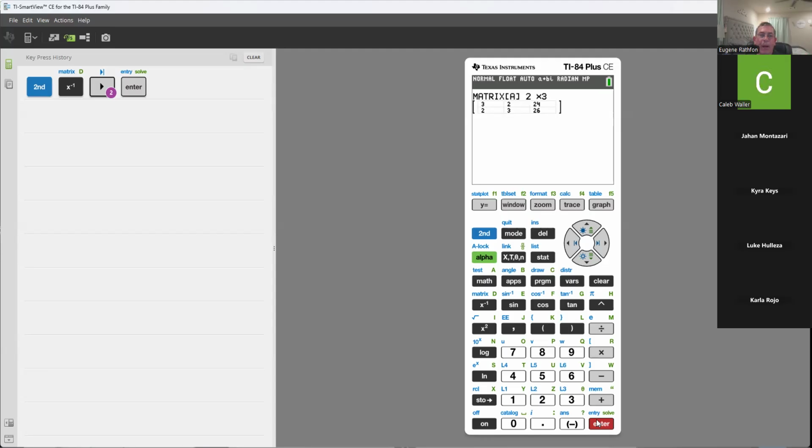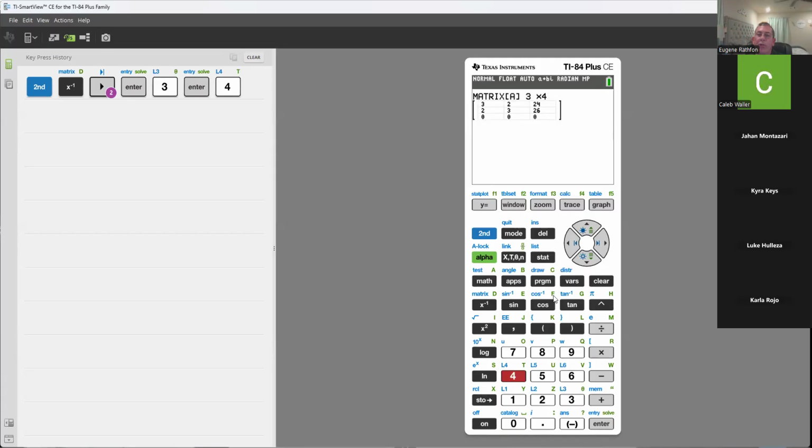So for three variables, you have to have three rows of equations. So that's going to be 3 enter. And then you have to have one more column than you do rows. Okay? So you're always going to have 4 columns.